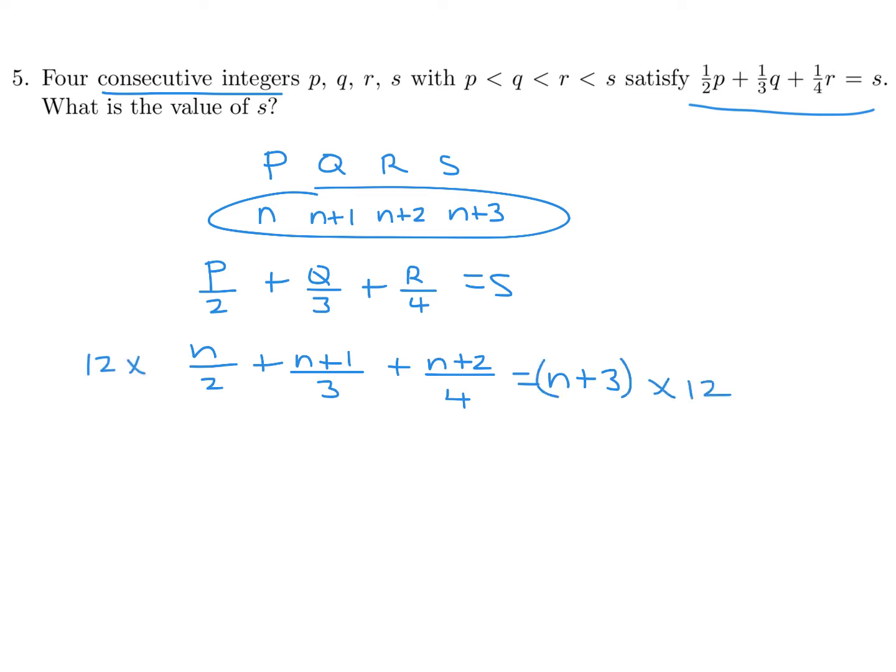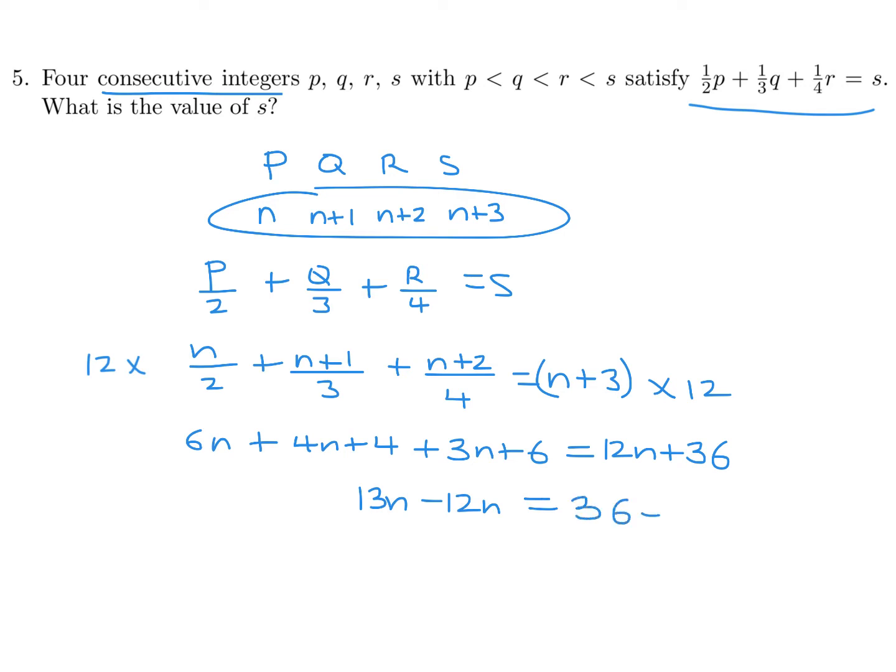And if I do, I will get 6n plus 4n plus 4, and then 3n plus 6, and then over here, 12n plus 36. Okay, add these all up. Let's see here, 13n, 12n, so I get 13n minus 12n over here, and then the numbers are 36 minus 10, right? Yeah, 36 minus 10. So this is just n, and this is 26.